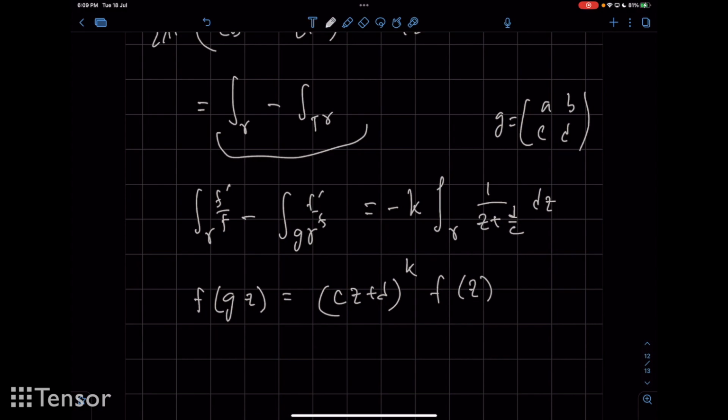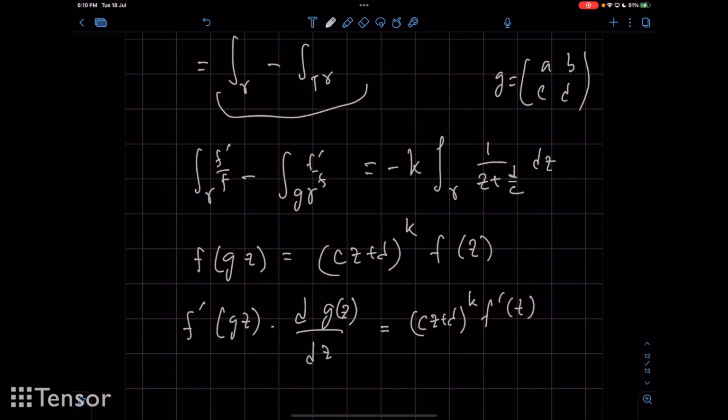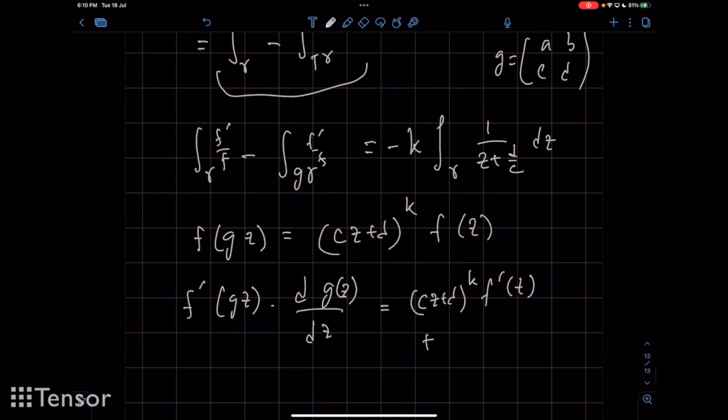And if we now differentiate with respect to z, we get that f prime of gz times d(gz)/dz is equal to (cz+d)^k f prime of z plus kc (cz+d)^(k-1) f of z. Is that right?